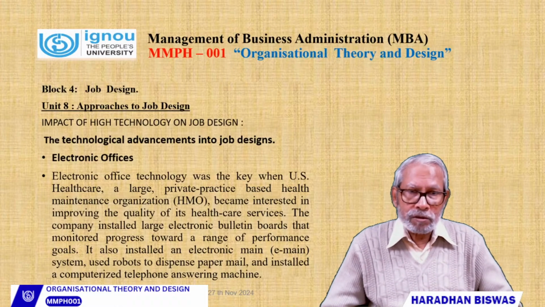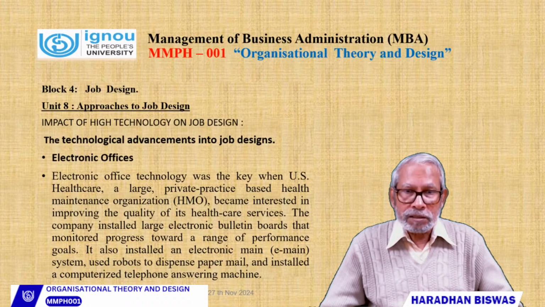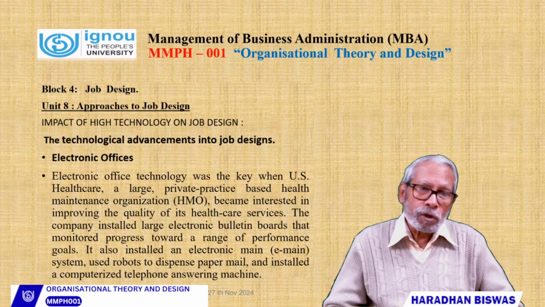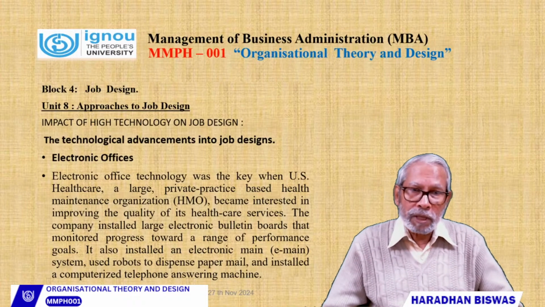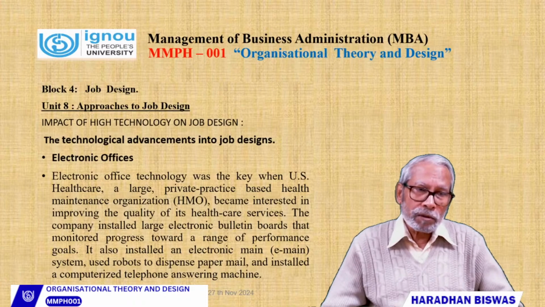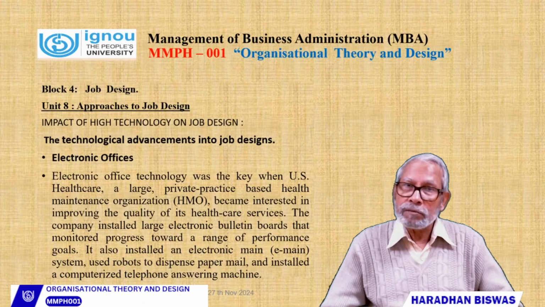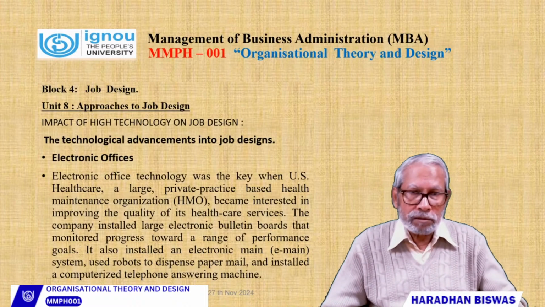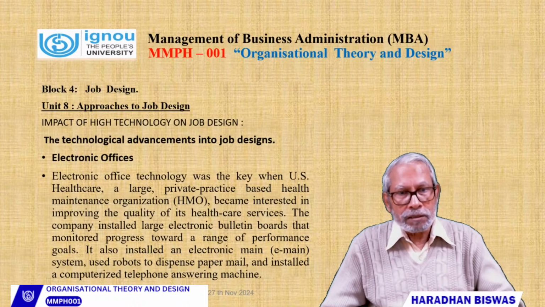It also installed electronic mail, email, and a system that uses robots to dispense the paper mail, and installed a computerized telephone answering machine, as you know, auto dialing, and you can get answers to things.